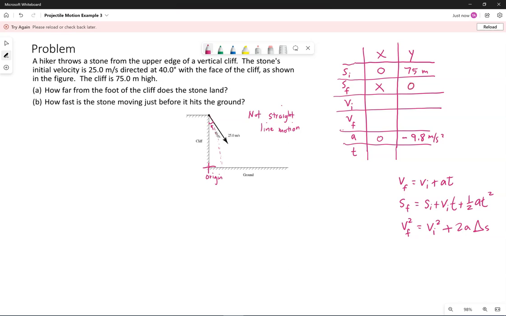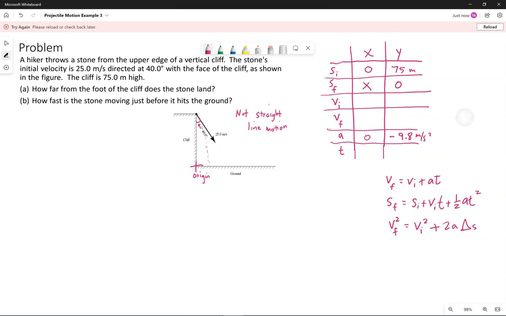My choice of origin makes y final 0. We could put the origin at the top, and then the final y position would be negative 75. There's nothing wrong with that. This is just your choice. But you do need to assign the positive and negative signs correctly based off of where you have chosen your origin.